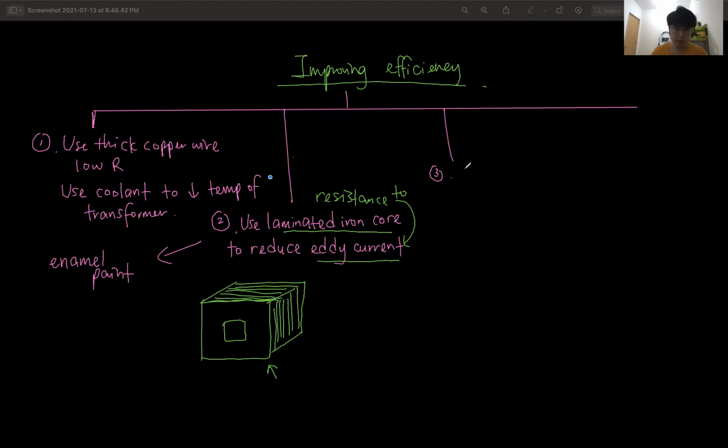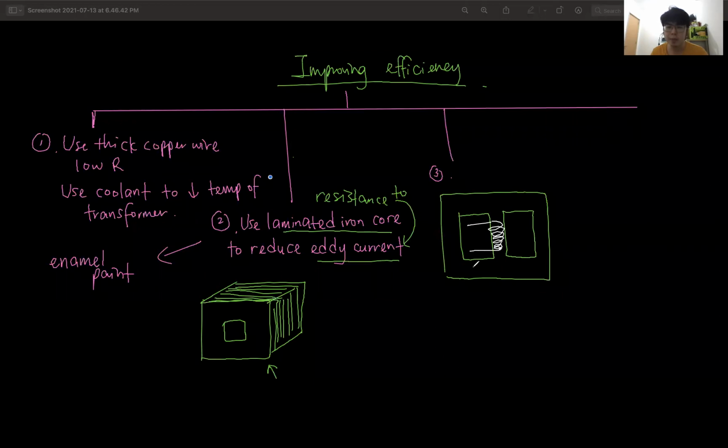What else? In the industry, they take the transformer and change the shape. Instead of coiling on one side and the other side, they coil it at the middle. This is the primary coil.